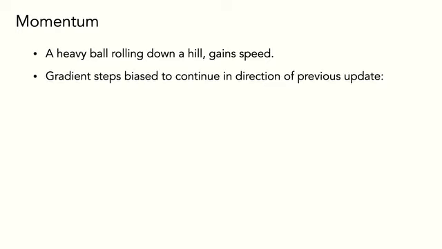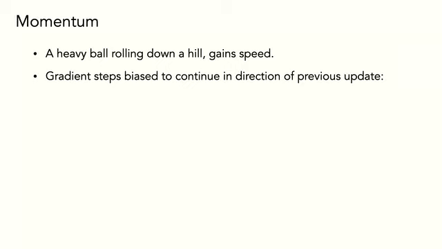We also want to introduce the concept of momentum. This is something that we might implement within our loss, or within our gradient descent. Essentially, the idea of momentum is the physical idea of momentum. If you put something heavy on a slope, it will gain speed as it rolls down the slope. What we do when we think about momentum in gradient descent is bias our gradient steps to continue in the direction of the previous update.